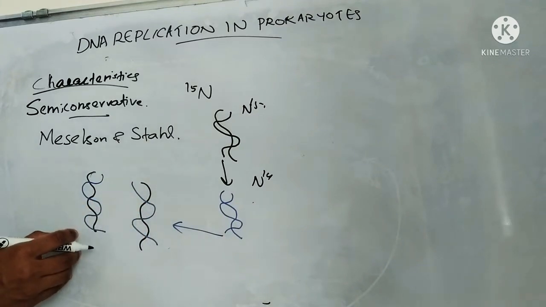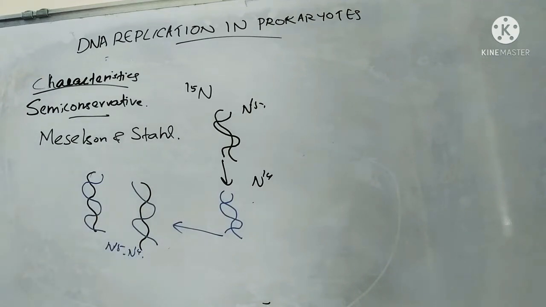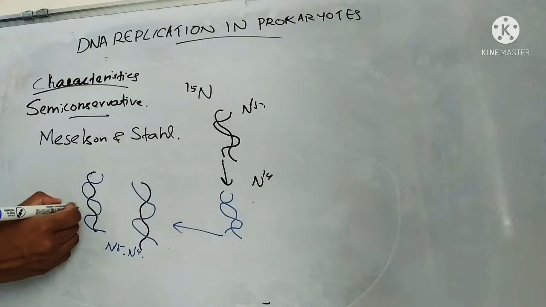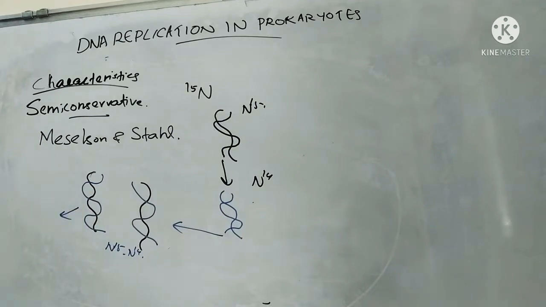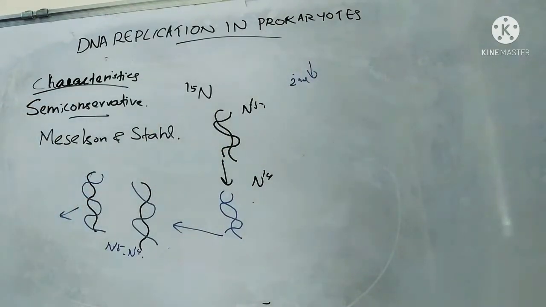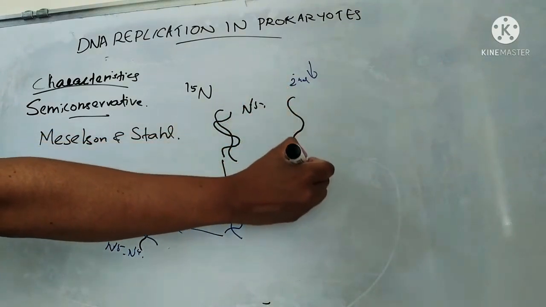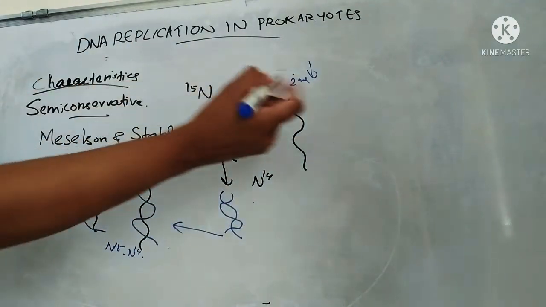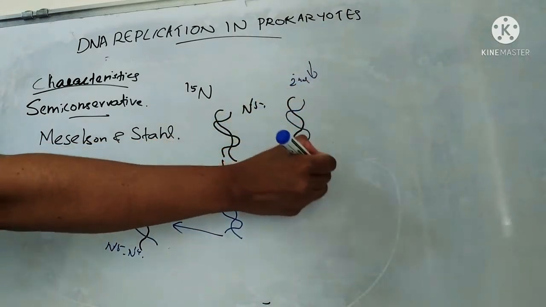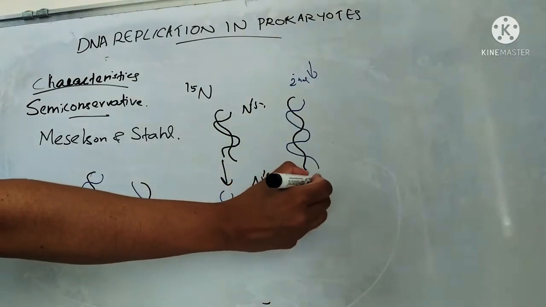Then in the second generation, equal numbers of half labeled and completely labeled molecules were present. Here the half labeled molecules are N15, N14.